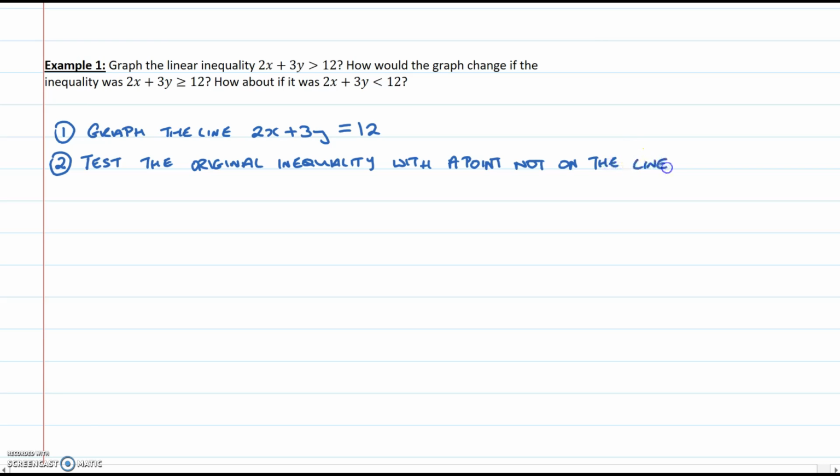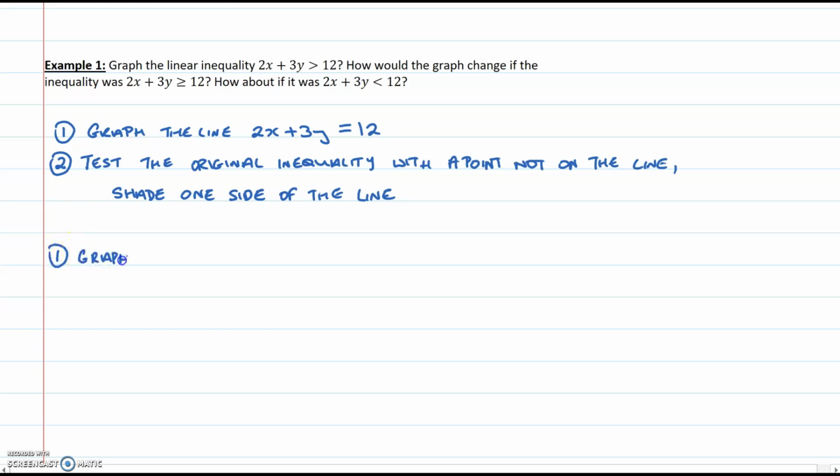And finally, as part of that, we're going to shade one side of the line. So we'll end up with a line that cuts through our graph or our axis, and we're going to shade one side of the line. Whichever side we shade depends on this test that we do in step 2. Okay, so let's do the first step, graphing the line.